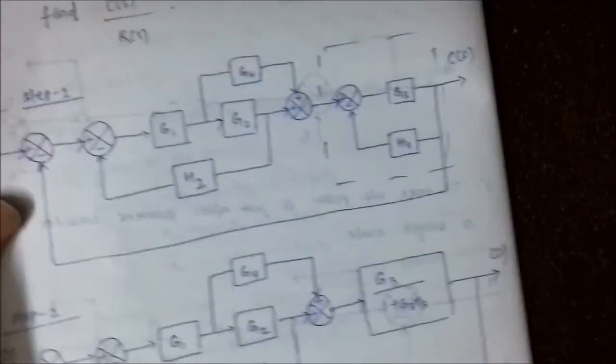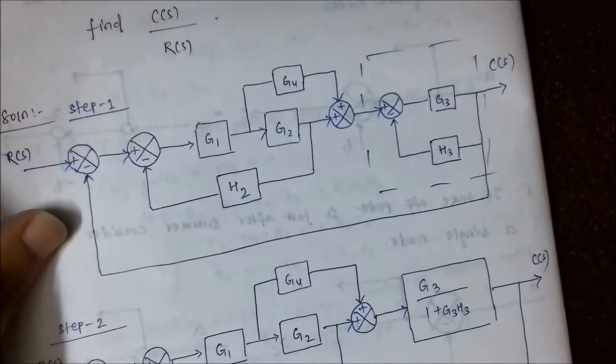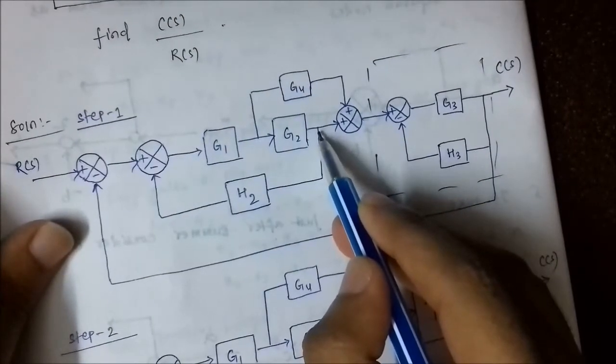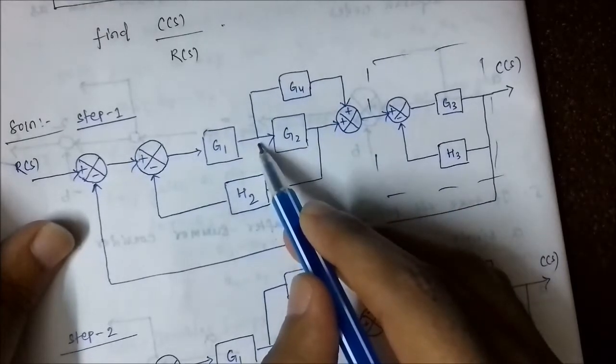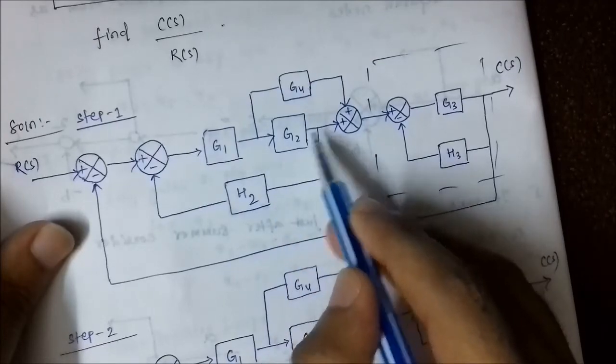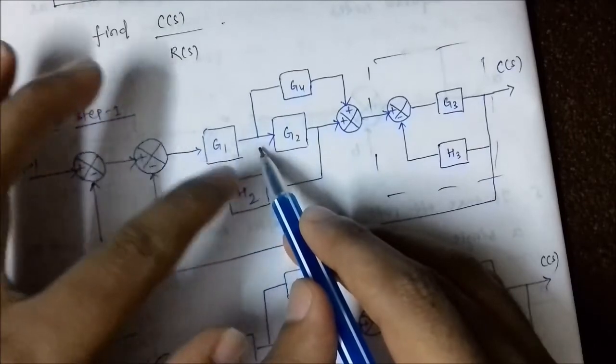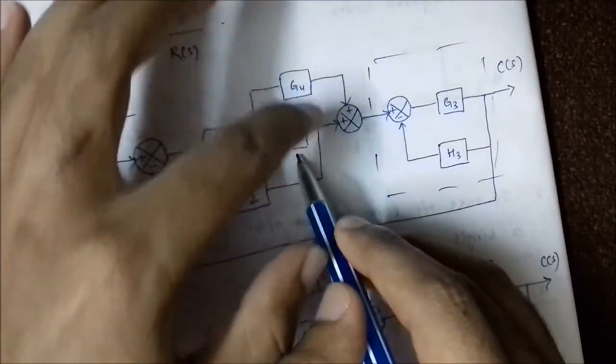Now another thing is that if I move this takeoff point from here to here, then it becomes easy. If I move this takeoff point from here to here, I get a feedback connection here and a forward loop connection here.